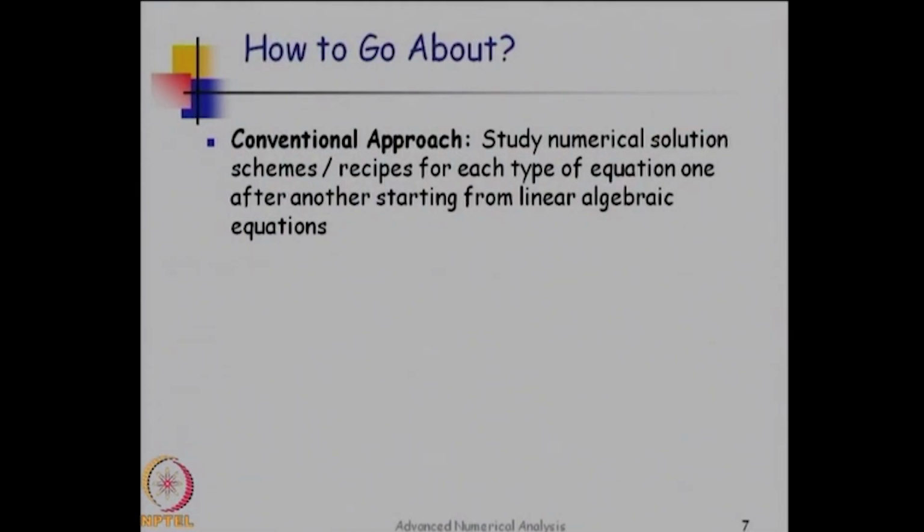That means you start by saying, well, I am going to first look at linear algebraic equations and the tools for solving linear algebraic equations. Then we move on to nonlinear algebraic equations. Having studied linear and nonlinear algebraic equations, we look at ordinary differential equations.